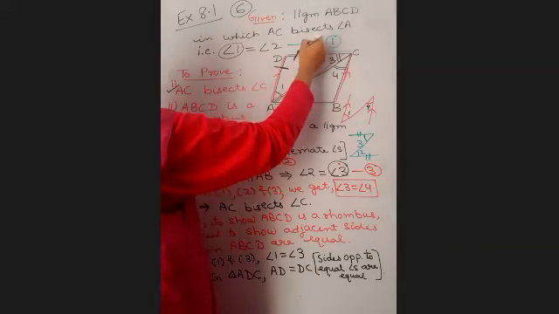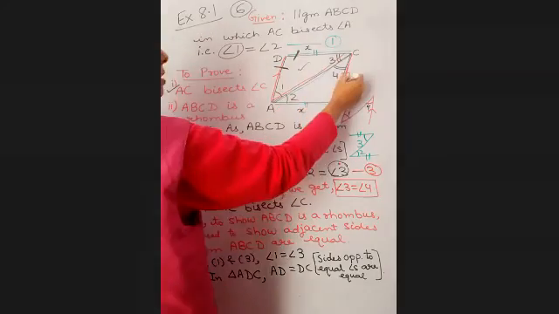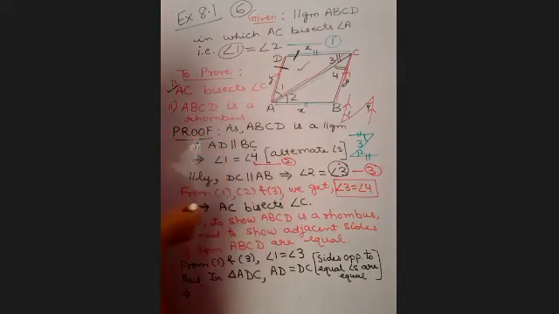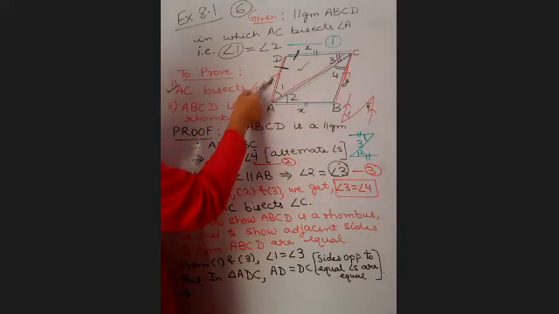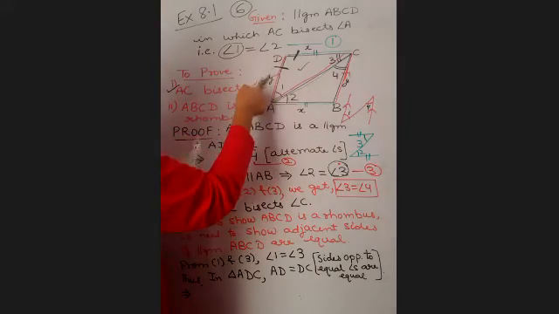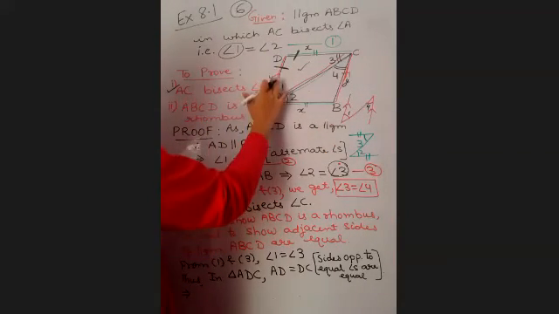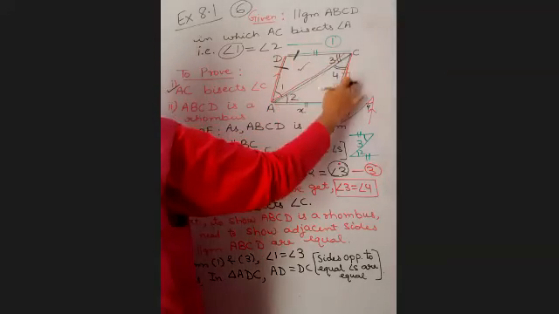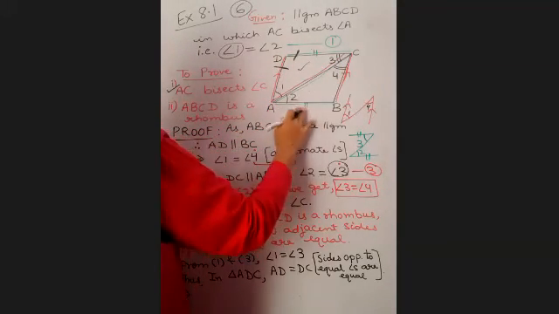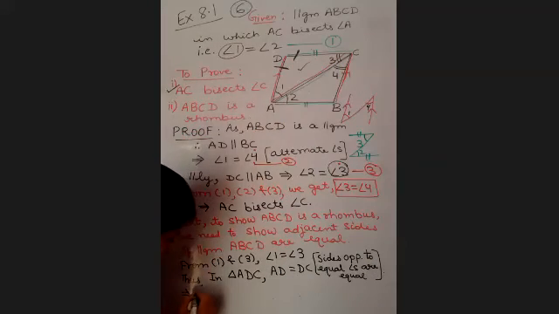Suppose this is x, this is also x, this is y, this is also y. Opposite sides of a parallelogram are equal. So the moment we show x equal to y, ultimately all four will become equal. So we just need to show that adjacent sides are equal. Okay, ma'am.